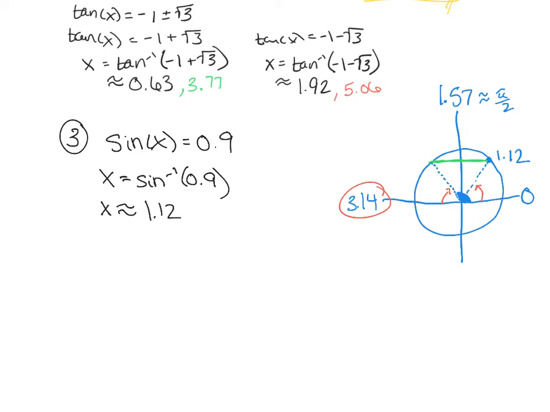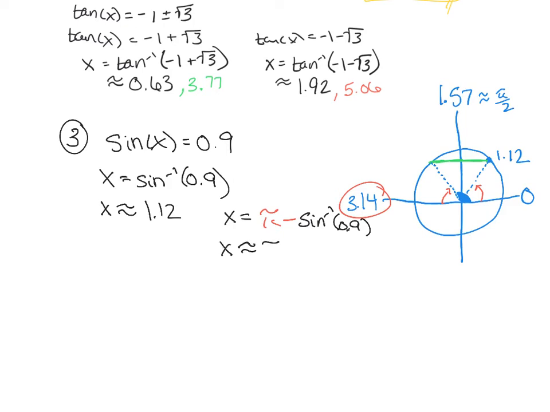So when I want to find my second answer, what I will do is I'm going to say, hey, my other answer, we're going to have x is equal to, starting at pi, and then subtract whatever our first answer was. So we're going to subtract sine inverse, ooh, this is close to the unit circle, sorry. Sine inverse of 0.19, which we have already found.